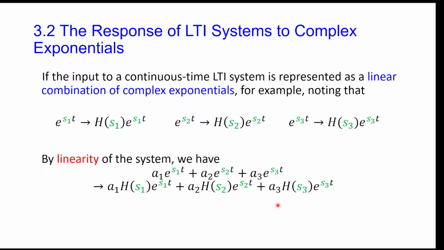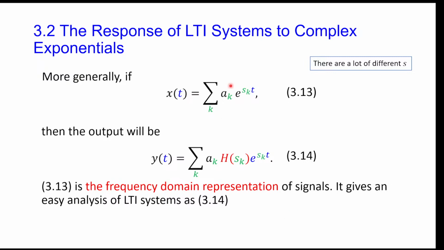That's the motivation for writing our signal as a linear combination of those eigenfunctions: if you write the input that way, the output will be the same linear combination, just multiplied by eigenvalues. In general, you write your input as a linear combination of eigenfunctions, then you immediately write down the output with the same a_k, and every term multiplied by the eigenvalue H of s_k.